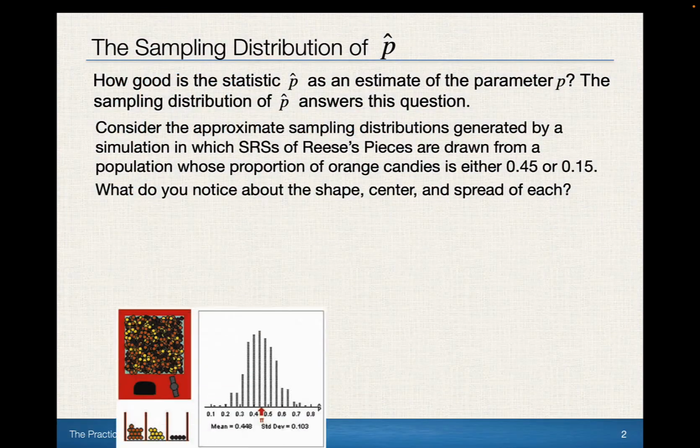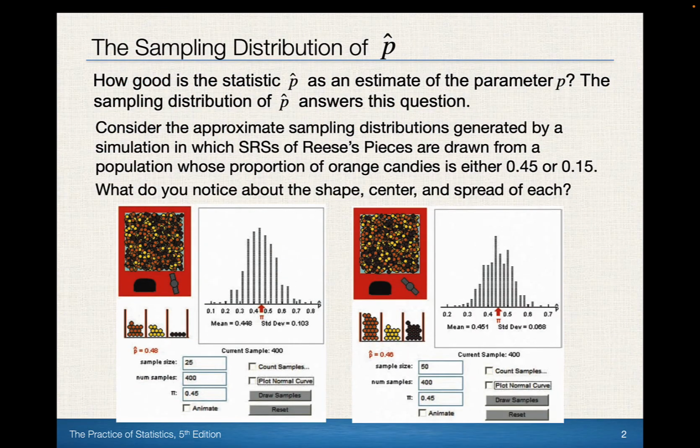So let's imagine we're trying to find the number of orange Reese's Pieces in any given vat of Reese's Pieces. If you look at the screen, you can see that the value of the sample size is different for each of these distributions.